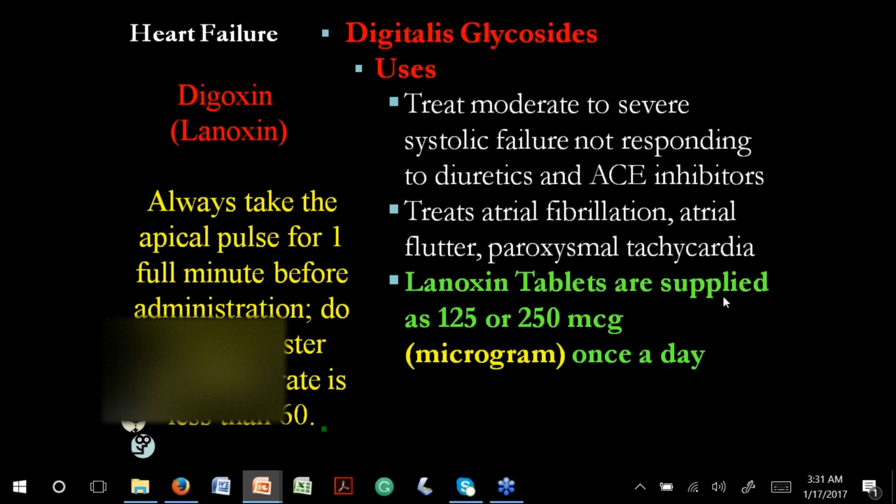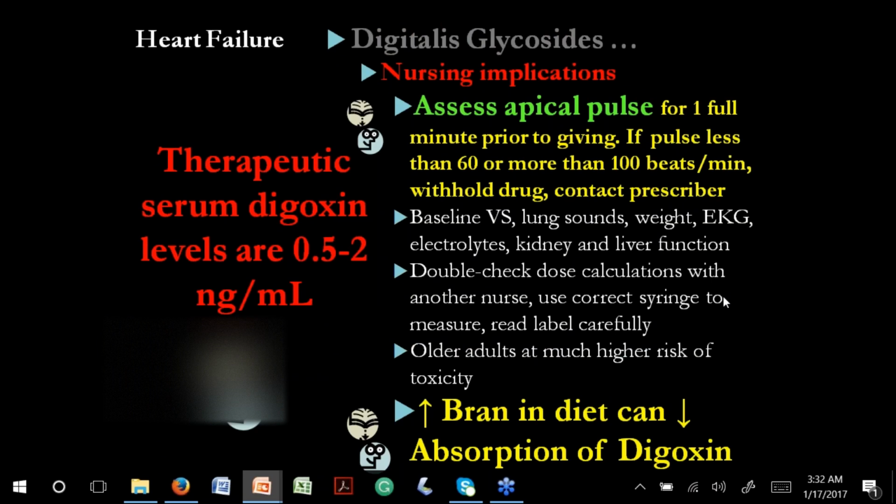All right, so here we have Lanoxin, supplied in tablets in micrograms. What is important is that we are going to talk about the toxicity. So the apical pulse, and the therapeutic serum digoxin level, which is very high yield for NCLEX, is 0.5 to 2 nanograms per milliliter or per cc.